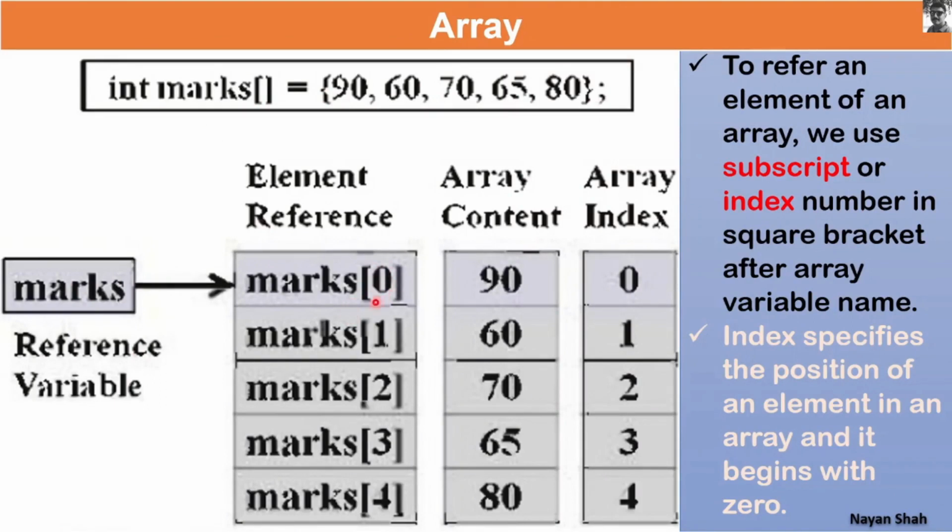If you want to refer to the first value, you should write marks[0], which is 90, and its array index is 0. And then 1, 2, 3, 4. The last one, 80, is marks[4]. So what you remember is that the index specifies the position of an element in an array and it begins with 0. So 0 is the first position and so on.